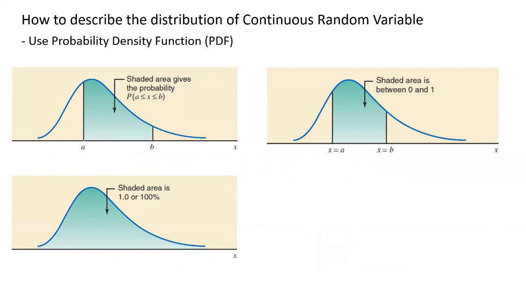As I said previously, for a PDF, the area between any two values a and b denotes the probability of x falling within this interval.